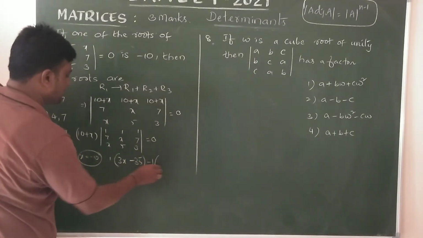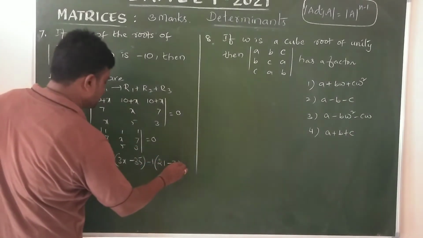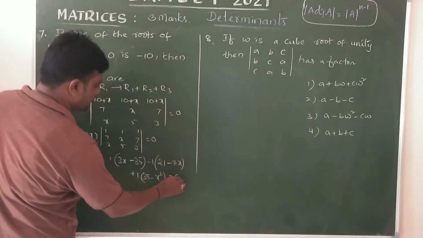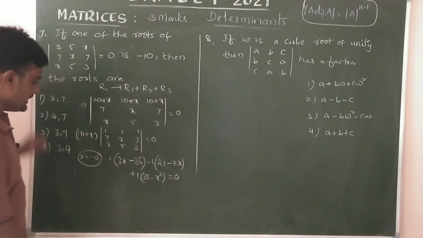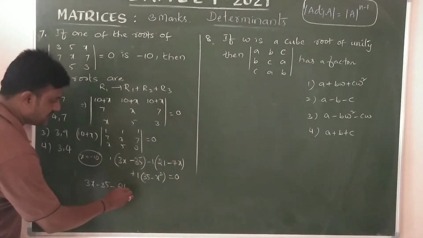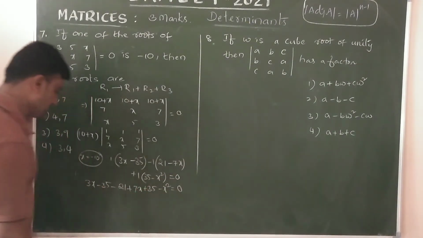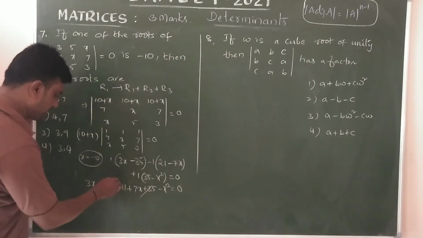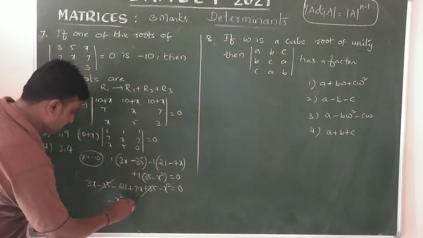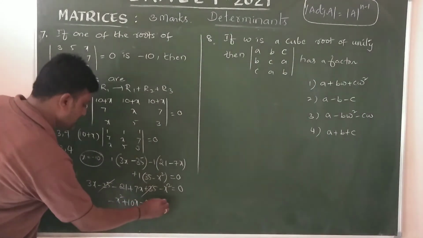Okay, minus 1 into 3 into 7, 21, minus x into 7, 7x, plus 1 into 35 minus x square equals 0. Okay, let us simplify. 3x minus 35 minus 21 plus 7x plus 35 minus x square equals 0. Okay, 35 gets cancelled, minus x square plus 10x minus 21 equals 0.